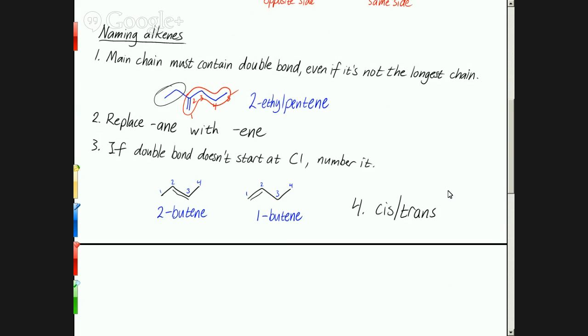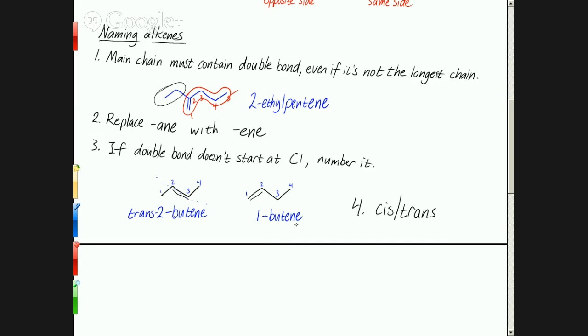If it applies, which sometimes it doesn't, sometimes it does, we have to say cis-trans. So in this case, if we draw a line through that double bond, and we see that the other groups are on opposite sides, then we call this trans. So this is trans-2-butene.